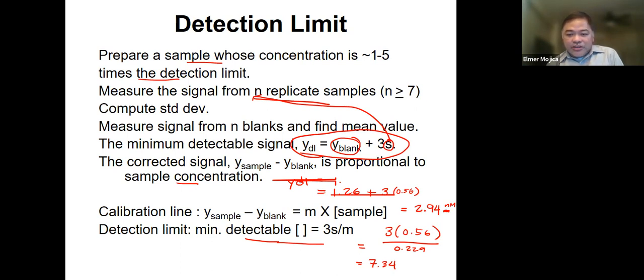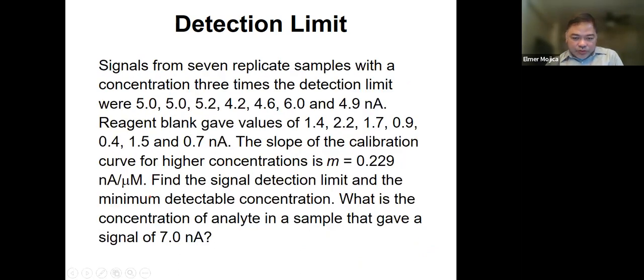So if you're going to look at this 7.34, it is at least 2 to 3 times more doon sa tinatawag nating minimum detectable signal. So we're able to answer both these questions here.